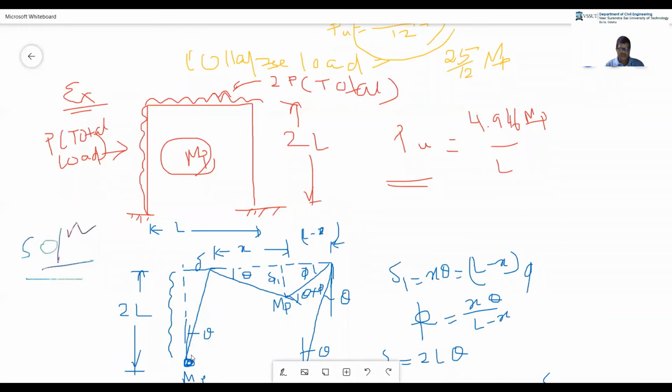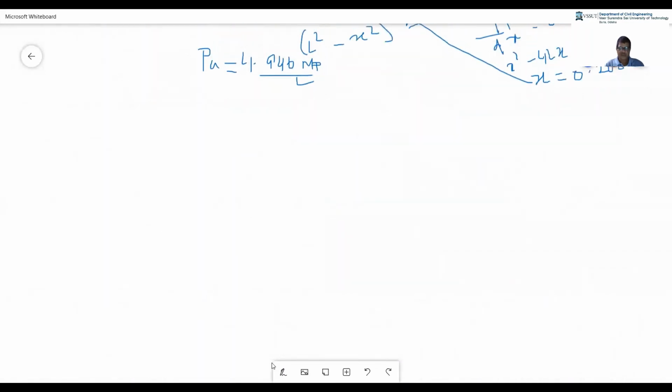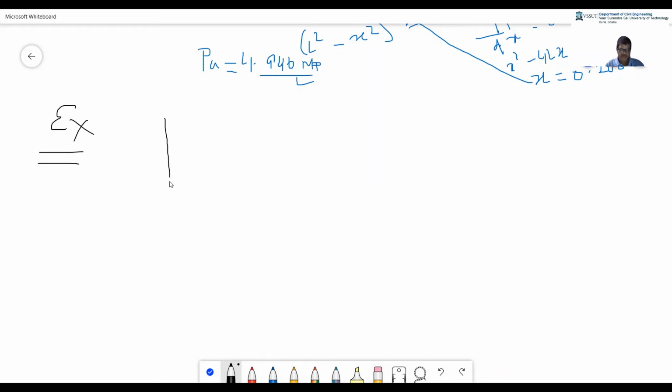Now let us go to the next problem. Now we'll calculate the MP value. This example is given to calculate the plastic moment capacity of this section. The section is given this way.